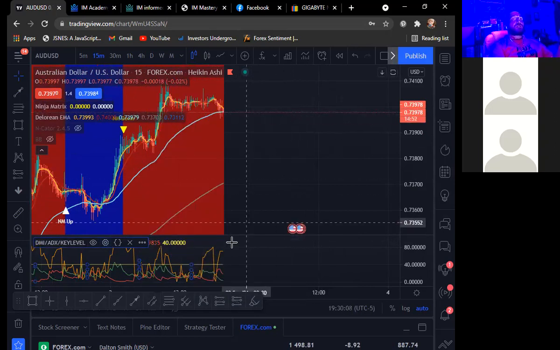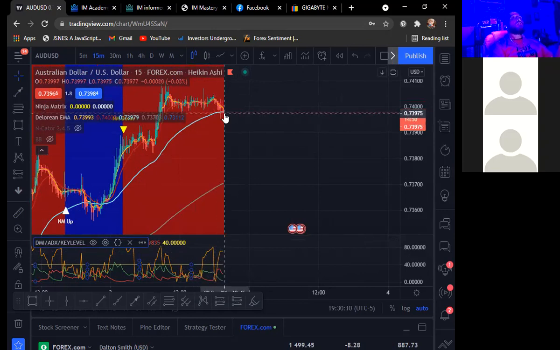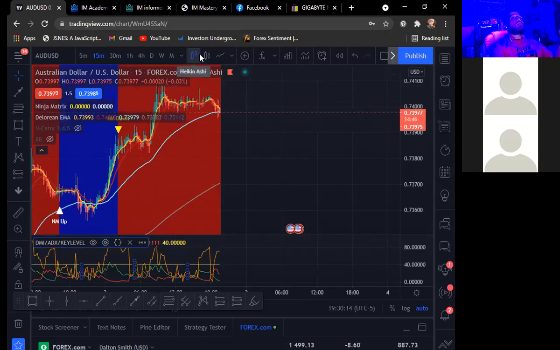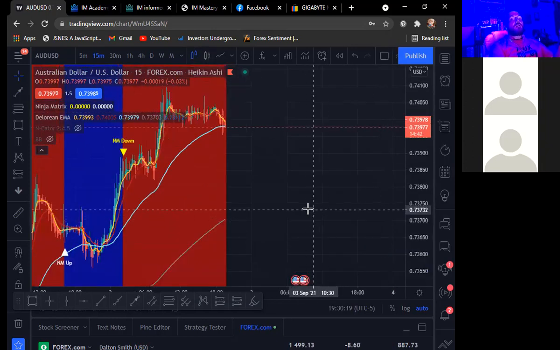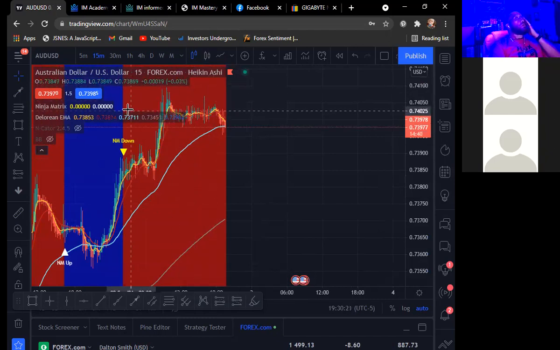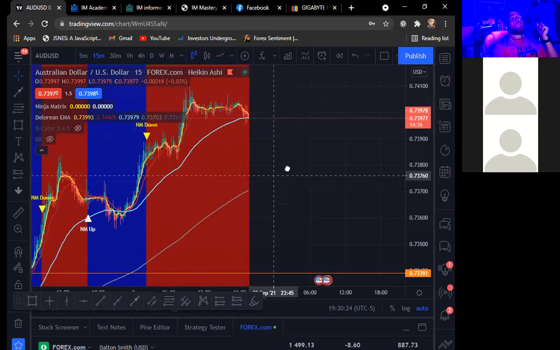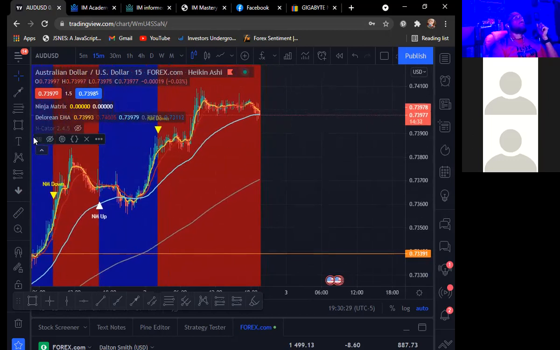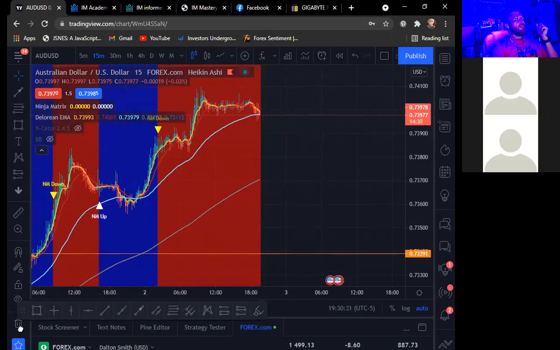I do. So still above the 40. So still showing strength here. Not looking horrible. This is definitely one to watch. Sorry, guys, I'm just kind of actively analyzing here.